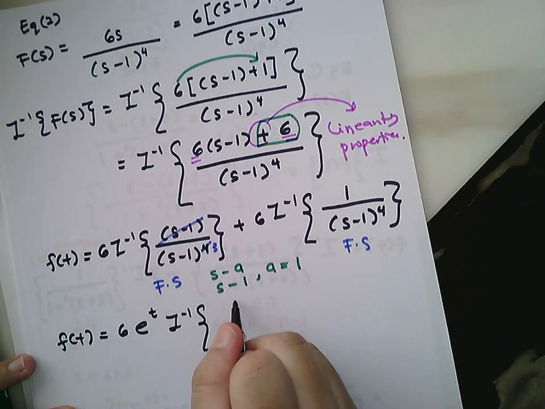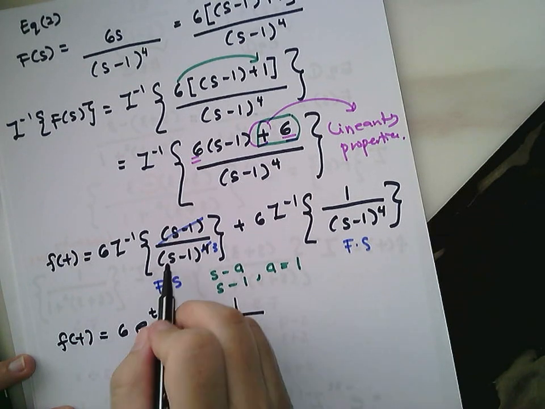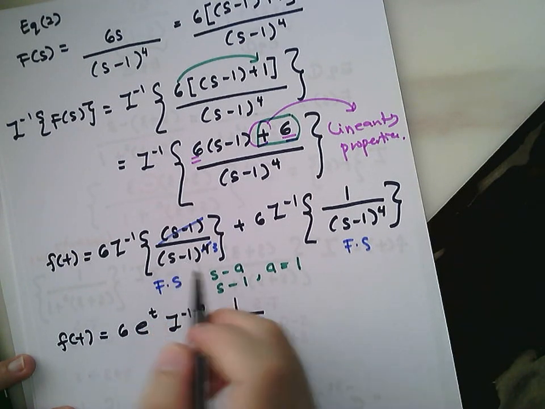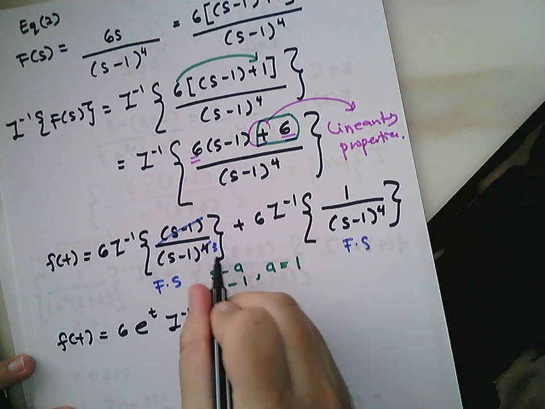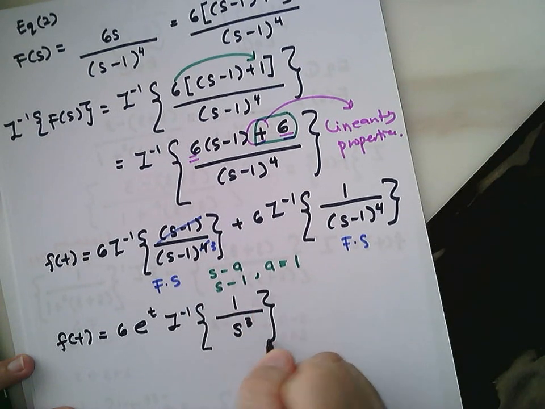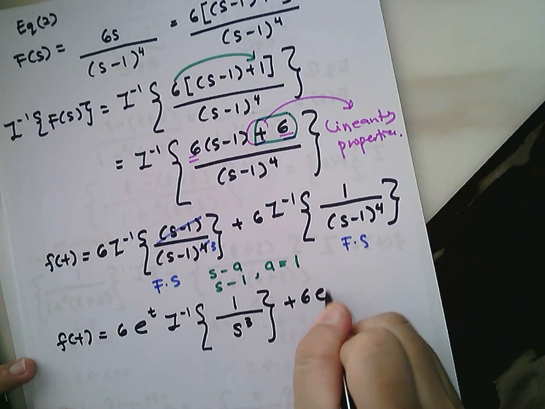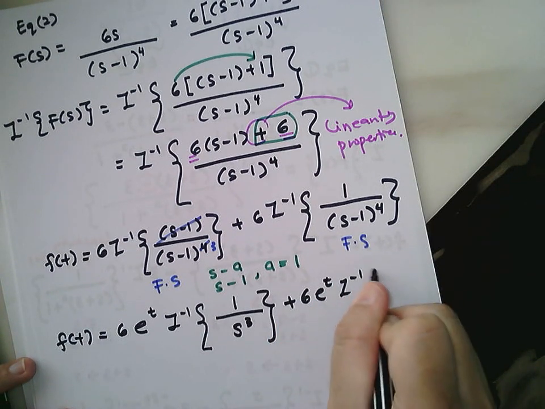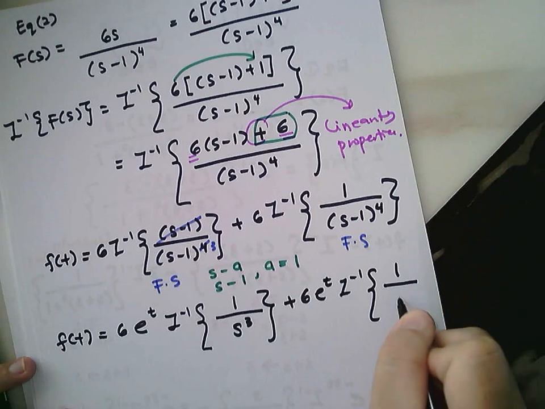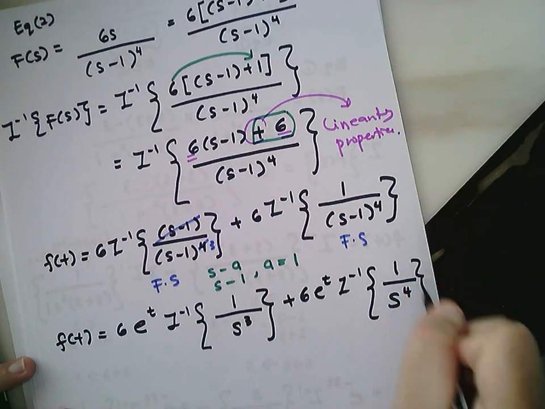So you will have 1 over s minus 1 need to be replaced by s, so this is s cubed. Okay, plus 6 e^t inverse of 1 over s^4.